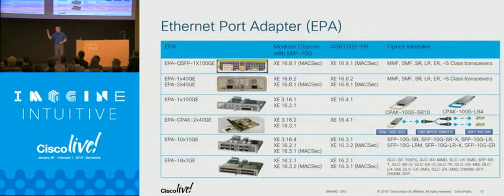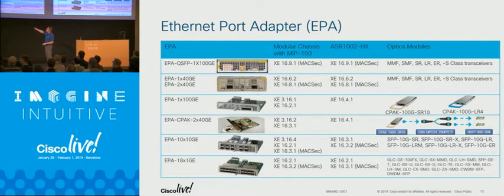We support 6 types of EPA: 18 by 1 gig, 10 by 10 gig, 2 by 40 and 1 by 100 with the CPAK optics, then 2 by 40 and 1 by 100 gig with the QSFP optics. So 2 messages here.